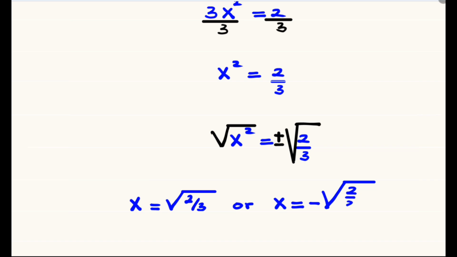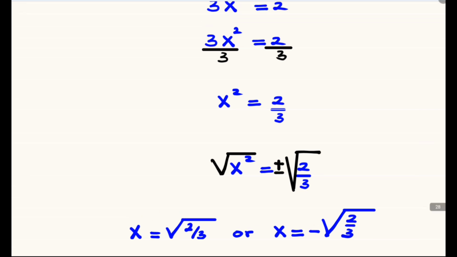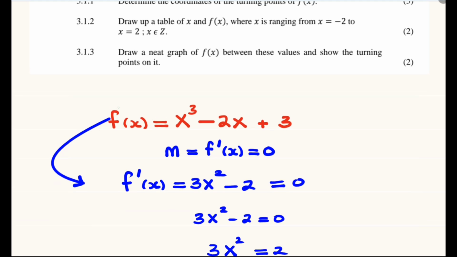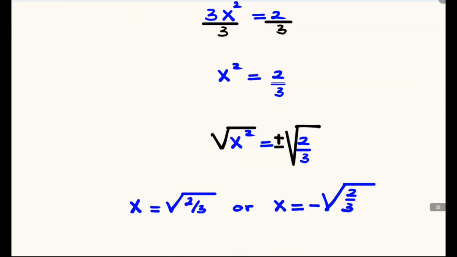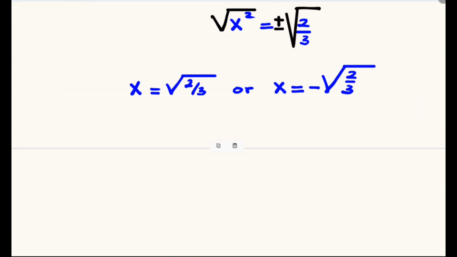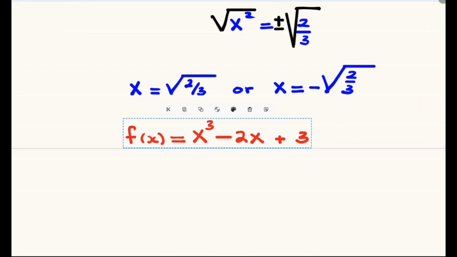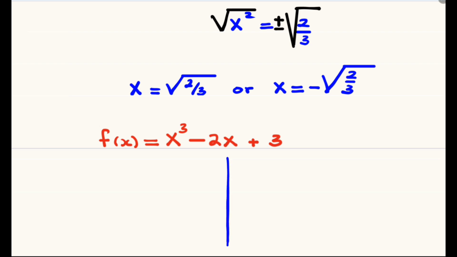or our x will be equal to negative the square root of 2 divided by 3. We have to determine the corresponding y values by plugging the x values into this original equation, which we copy and paste. Where there is x, we are going to substitute these x values so that we can get the corresponding y values.